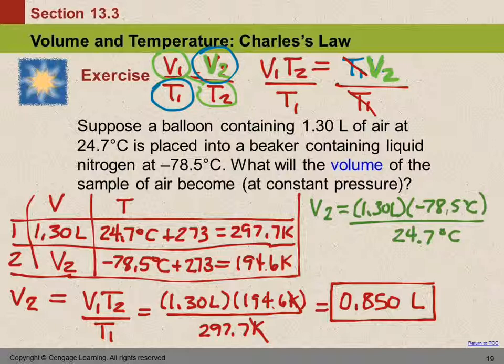And you look at the units and you say, oh, degrees Celsius, those cancel out. We're doing just fine. That whole Kelvin business was crazy. 1.3 times negative 78.5 divided by 24.7 gives us a volume of minus 4 liters.